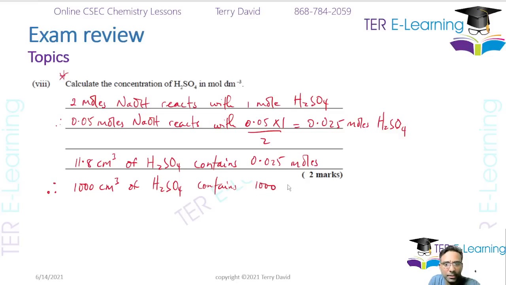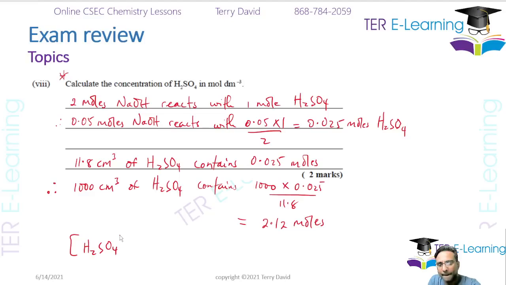So it's 1000 multiplied by 0.025 over 11.8, and you're going to get 2.12 moles. So therefore the concentration of the sulfuric acid, H2SO4, is 2.12 mole per dm cube. So that's my concentration of my sulfuric acid.